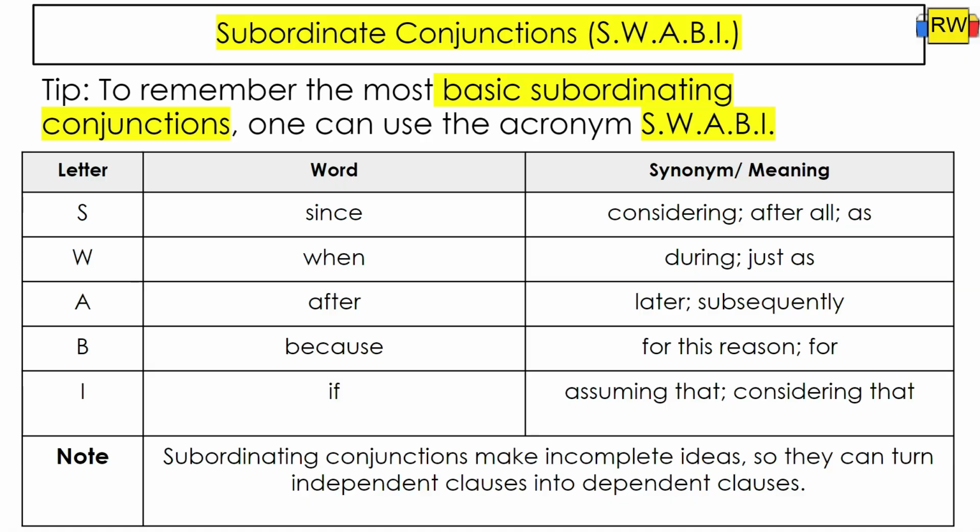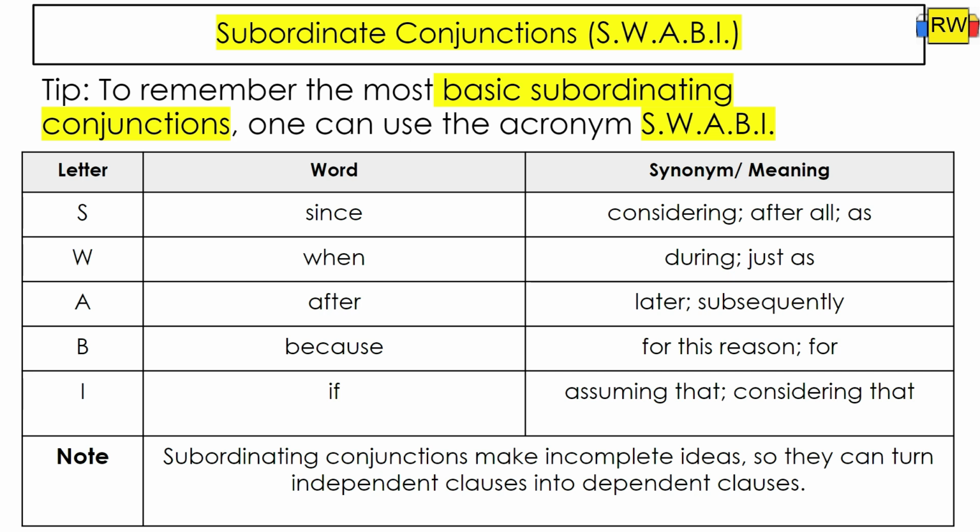The S in SWABI stands for the subordinating conjunction since. And since is most synonymous with the words considering, after all, and as. The W in SWABI stands for when. When is synonymous with the words during and just as, indicating time.